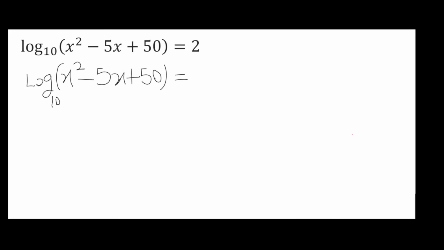Now equals, so instead of me writing 2, I am going to be writing log, then I'll put a base of 10 as it is on the right-hand side. Then I'm putting argument of 10, then to the power of 2.